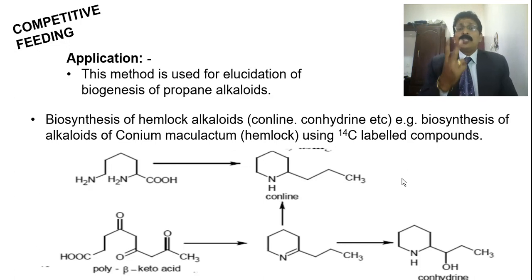There are two alkaloids in hemlock, many but mainly the common ones, conline and conhydrine. An example: biosynthesis of alkaloid in Conium maculatum, that is hemlock, using a carbon 14 labeled compound.